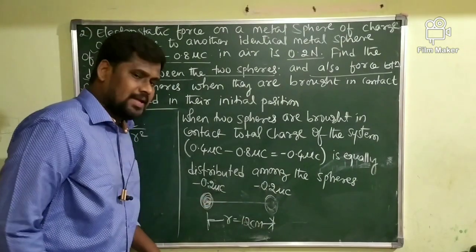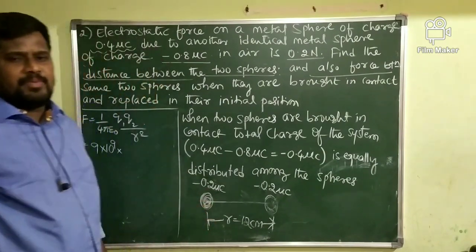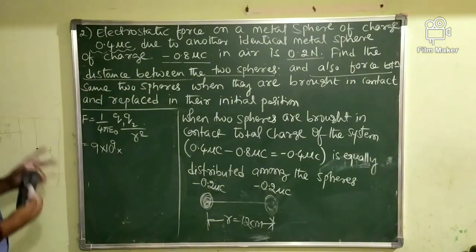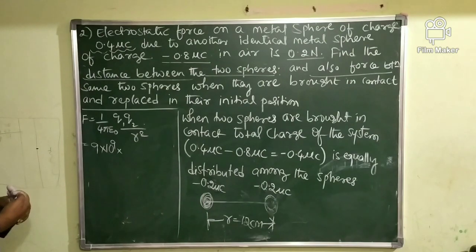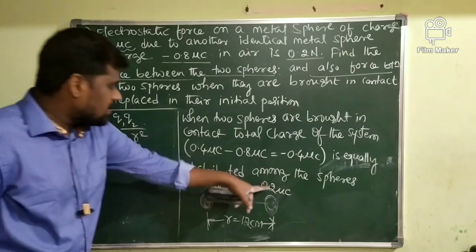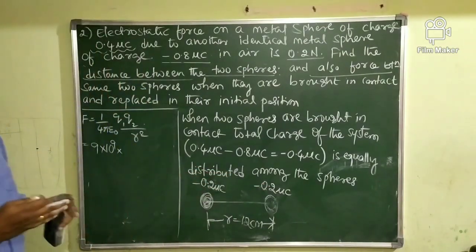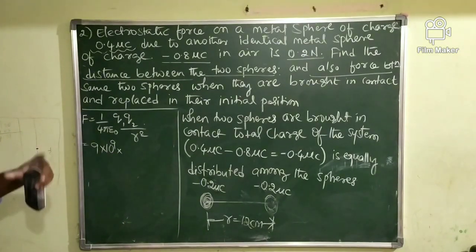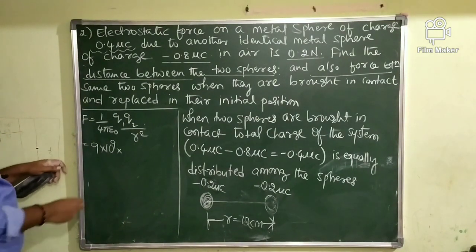I am ignoring the sign here because the sign will suggest whether the force is attractive or repulsive. Two charges are of the same sign, so the electrostatic force between them is repulsive.